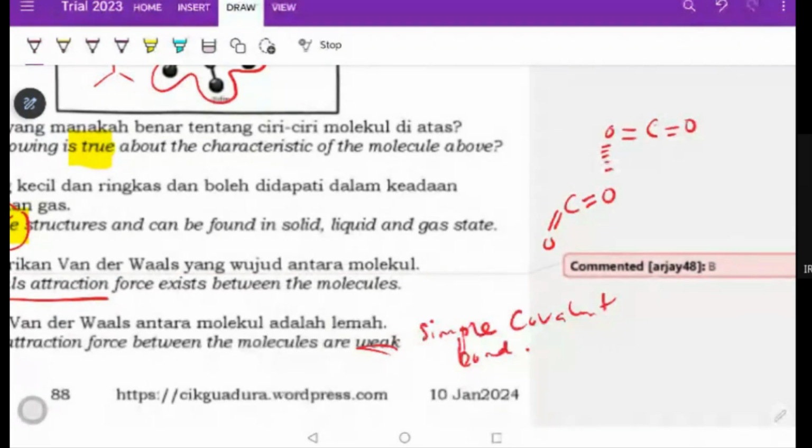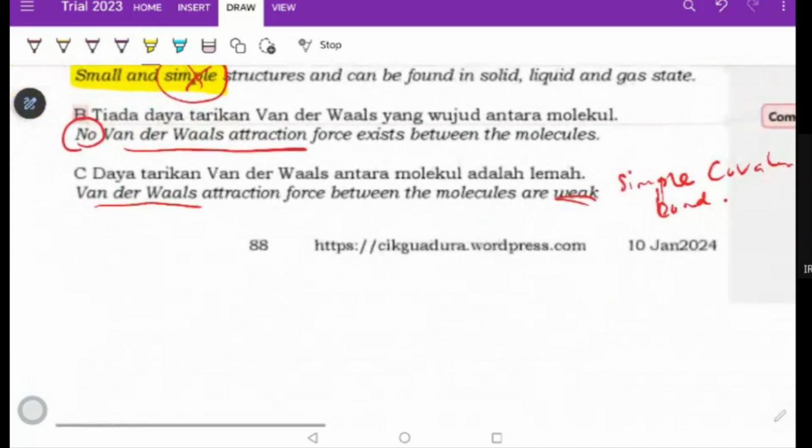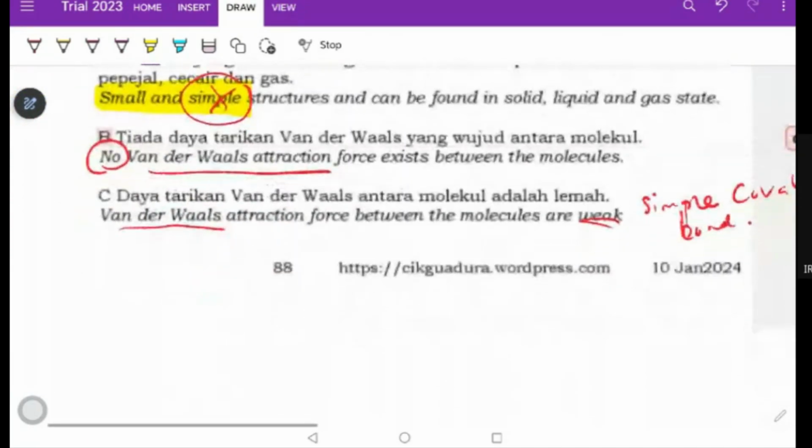The covalent bond is in between here, and the van der Waals force between molecules is weak. So the answer is B.